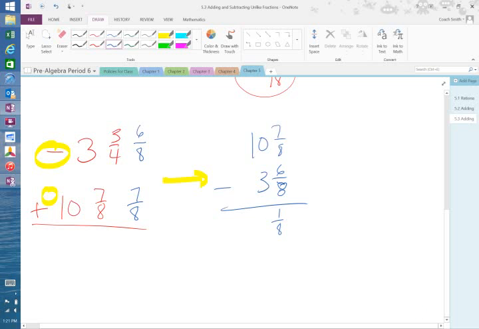What's 10 minus 3? 7. So it's 7 and 1/8. Now, my negative is with the smaller one, so it's a positive 7 and 1/8.